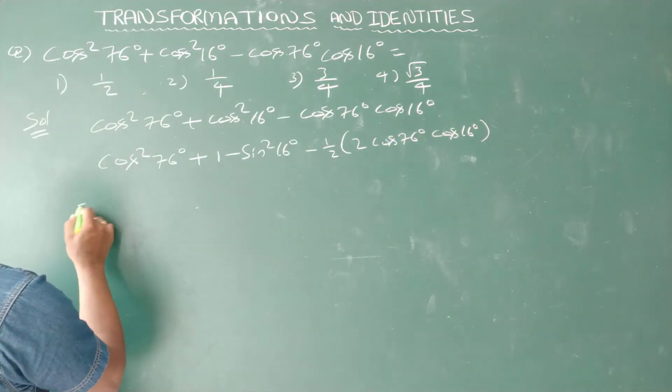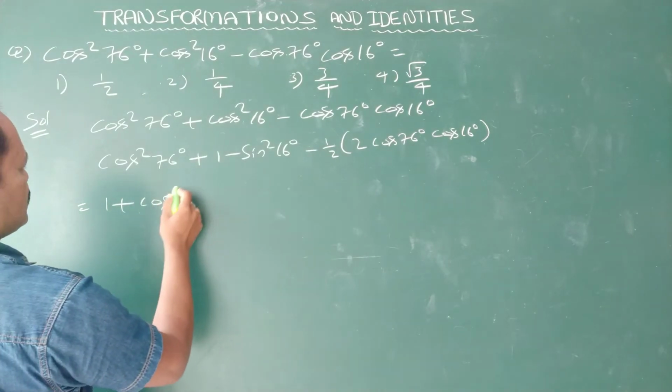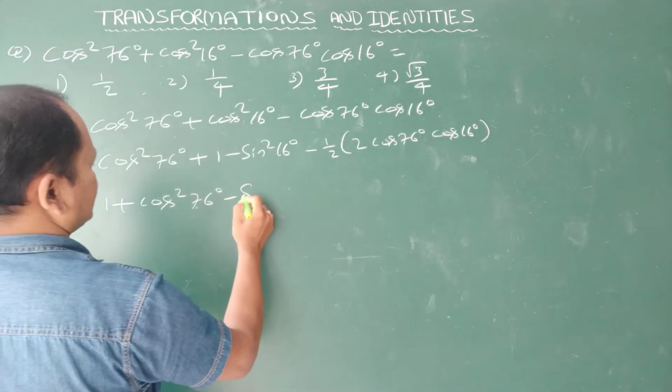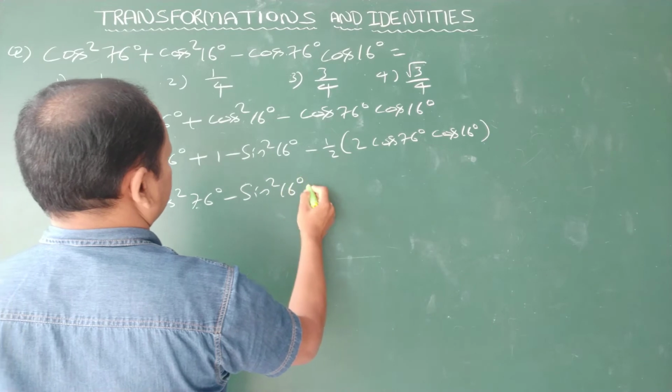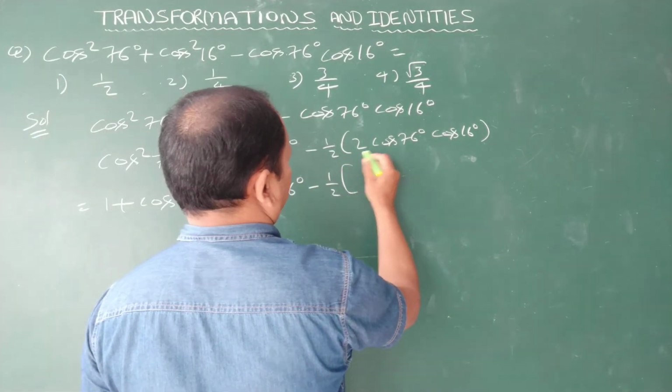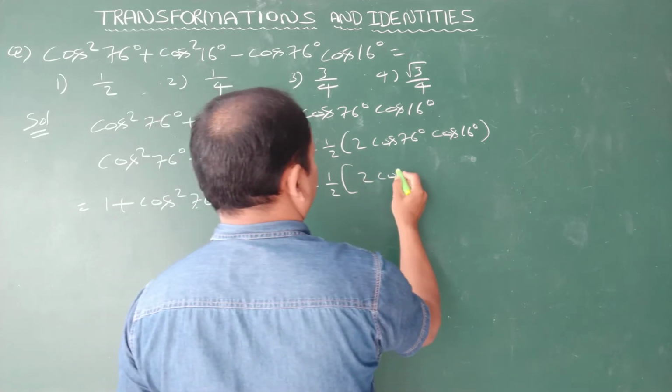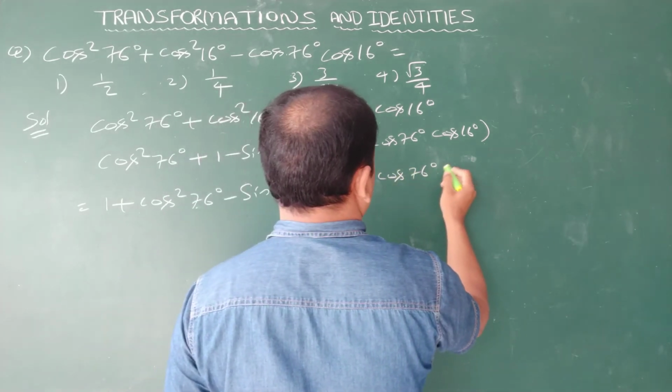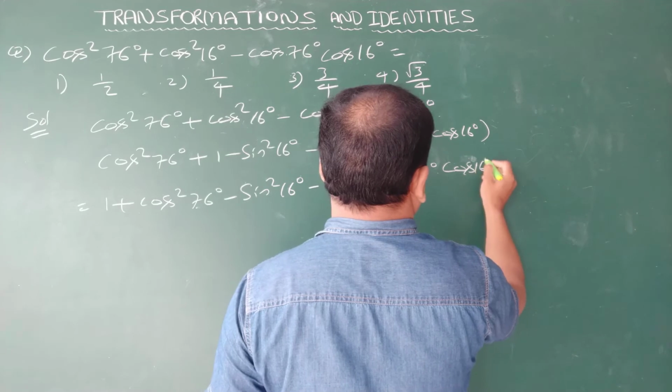Now this is 1 plus cos square 76 degrees minus sin square 16 degrees minus 1 by 2 times of 2 cos 76 degrees cos 16 degrees.